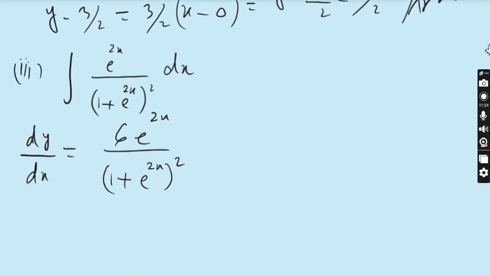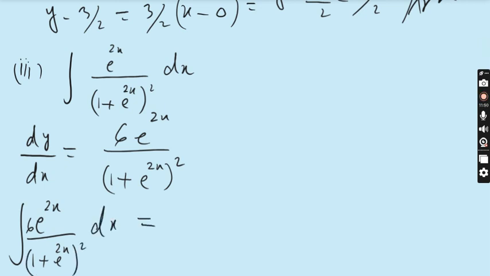Now if we integrate 6 e power 2x upon 1 plus e power 2x whole square dx, we will get the original equation of curve again, because this is the derivative of the given question.